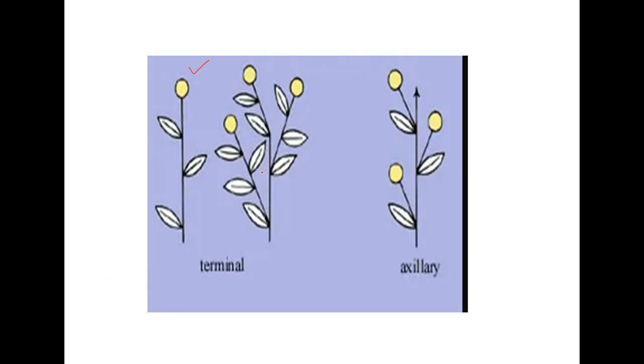Here the same happens: though many branches arise from the main axis, the flower is present at the tip or end of the axis. And you can observe the axillary flower. An axillary flower is always at the axillary bud, that is, on one side of the main axis. The main axis arises but does not bear a flower at the tip. That's why it is an axillary flower.